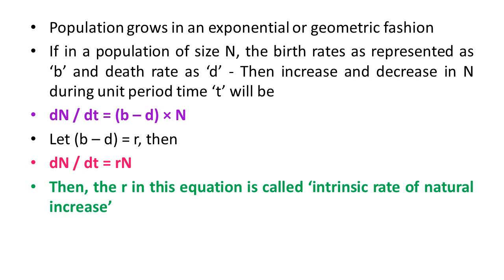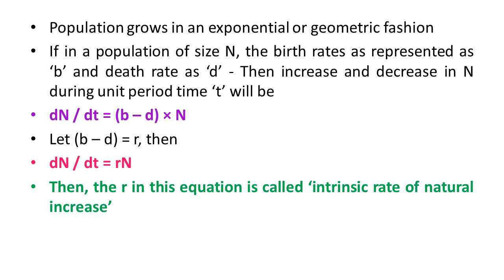So if we talk about this equation, when the population size is N, the per capita birth rate is small b and the per capita death rate is small d, then the increase or decrease in N during a unit time period t we can calculate this way: dN upon dt is equal to b minus d times N. Now let b minus d equal r, then dN upon dt is equal to rN.